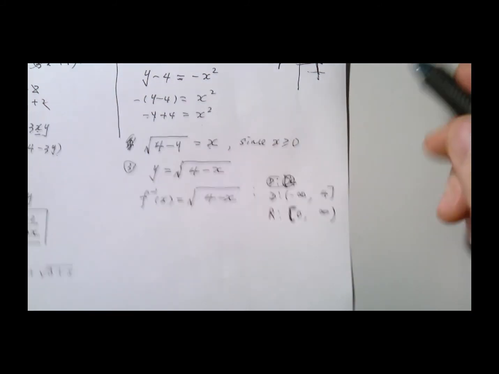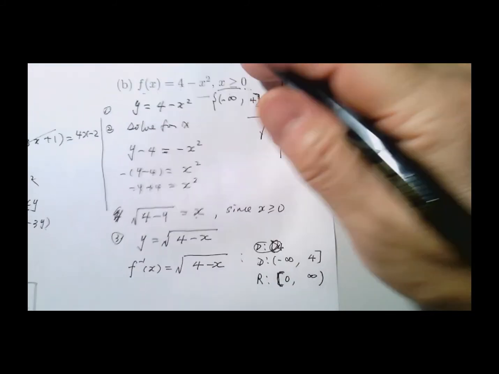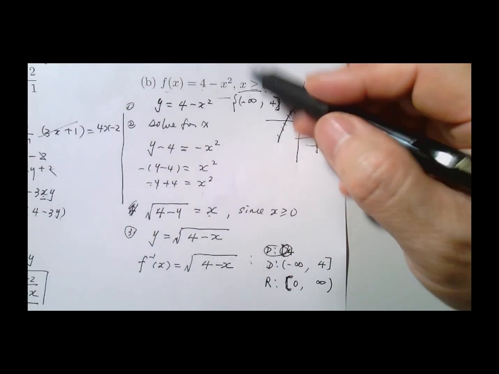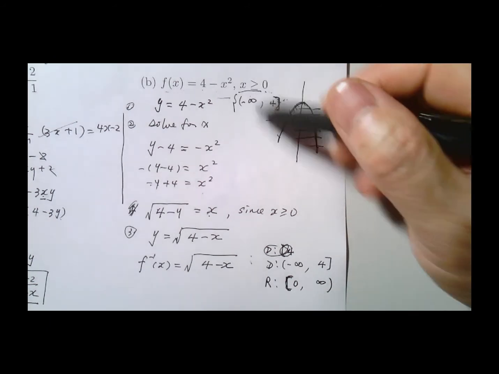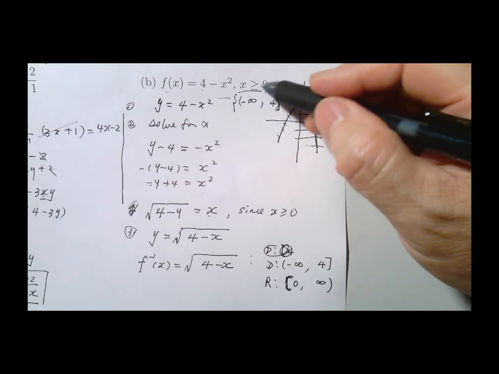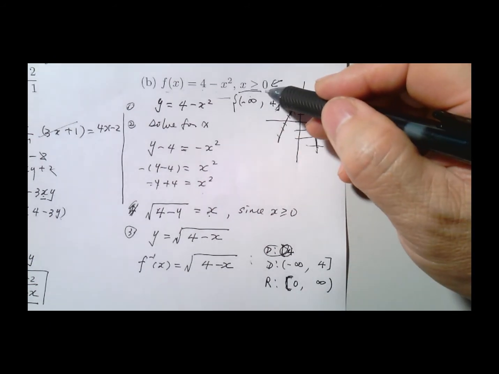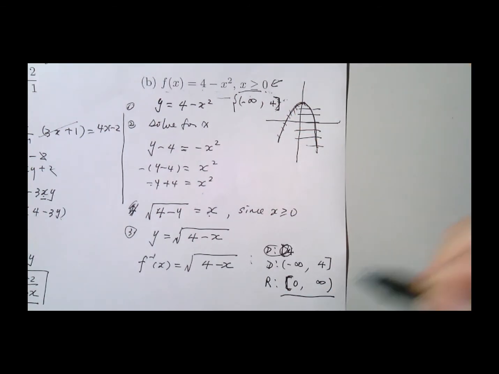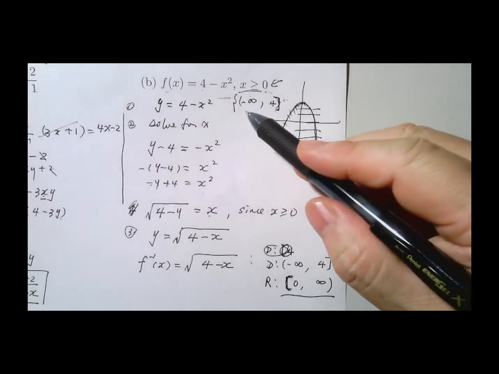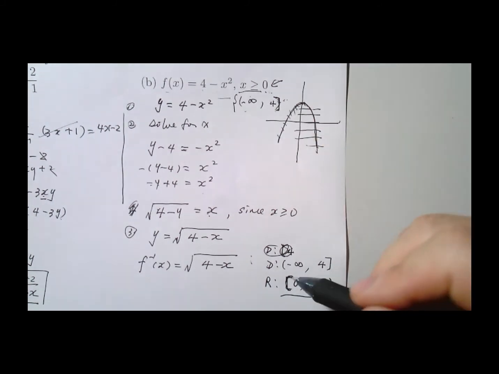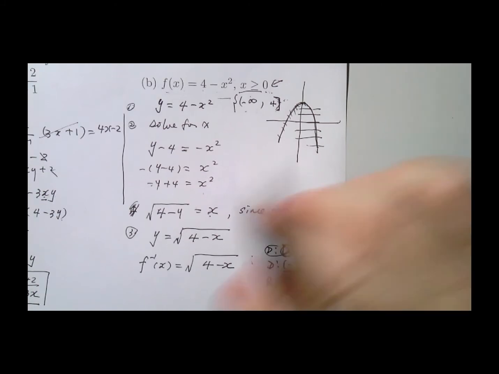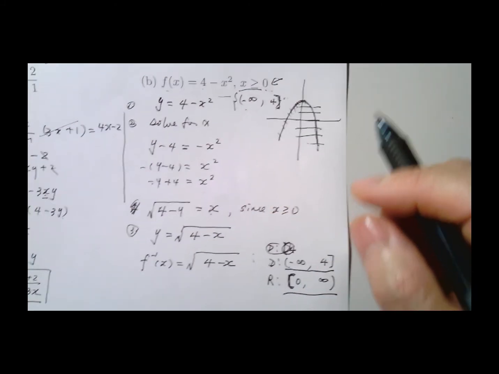You can see, because when you interchange x and y, their domain and range simply change. The original function's domain becomes the inverse function's range. The original function's range becomes the inverse function's domain, because you simply exchange x and y there.